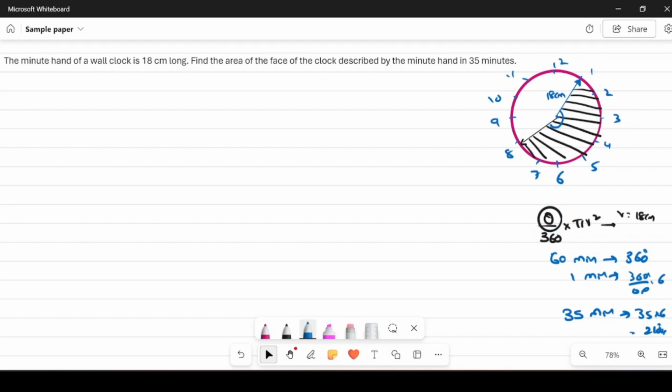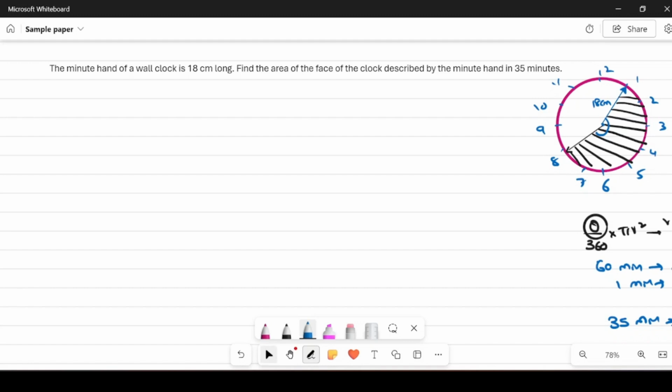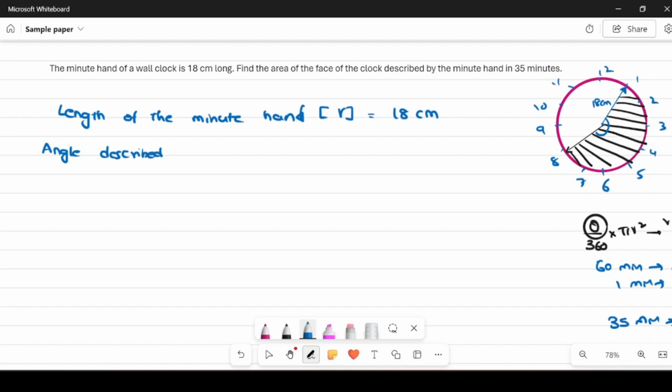Now we have theta, and we have the radius as 18 centimeters. We just need to substitute the values. Okay, let's write down. The length of the minute hand, which is in fact the radius, r is equal to 18 centimeters, and the angle described in 35 minutes is 210 degrees.